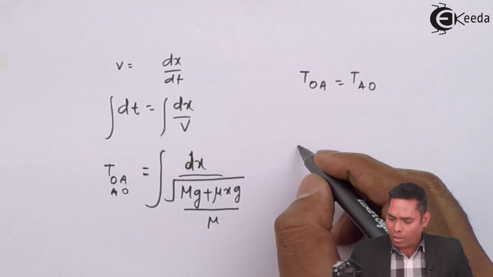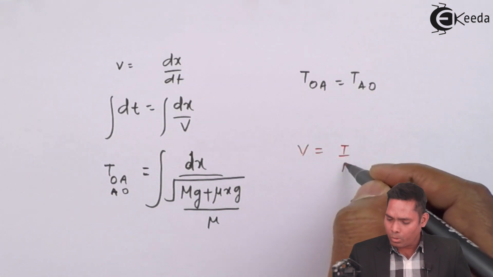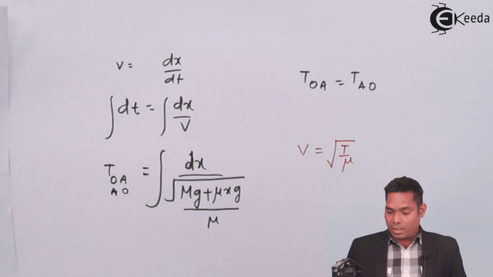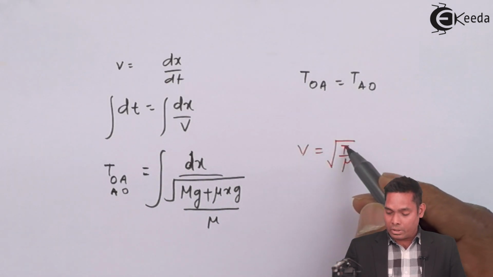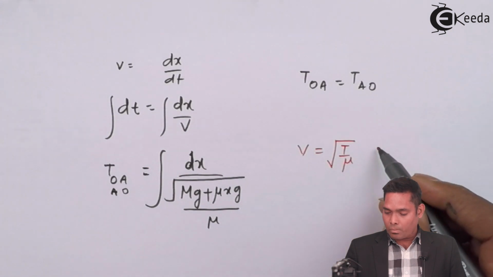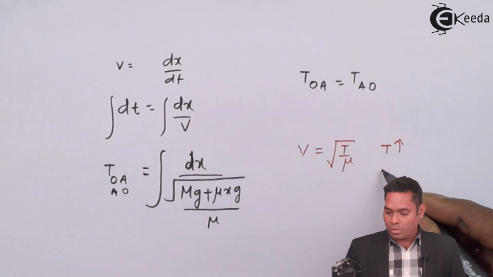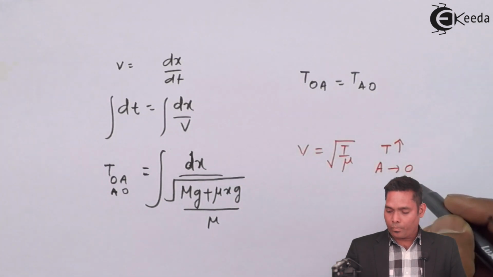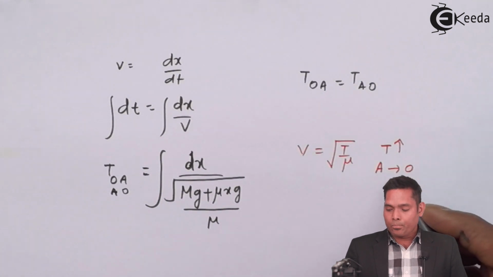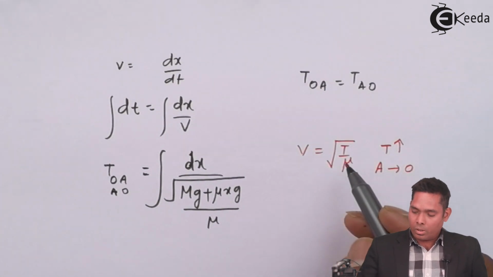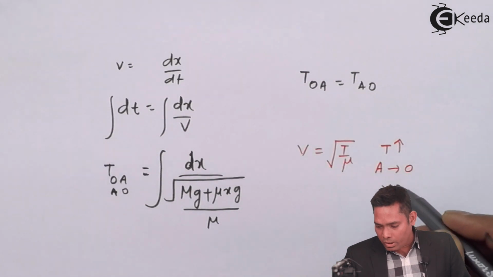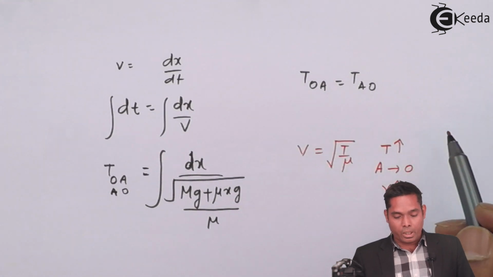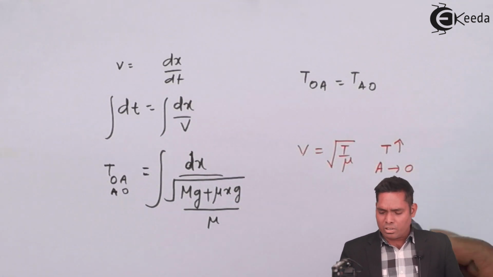If we think of the velocity as the square root of T over mu, as we can see, mu is constant and T increases from A to O, so the velocity will also increase from A to O. Towards the top, the velocity will increase.